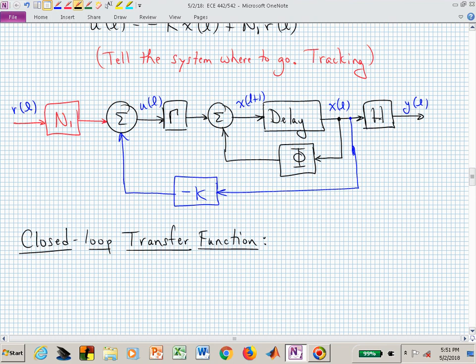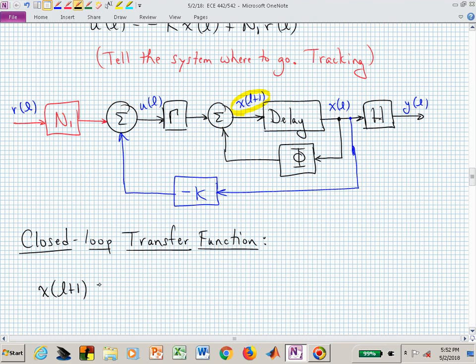We have x at time L plus 1. We're now looking at the output of that summing junction, and that is a function of the input signals to it.